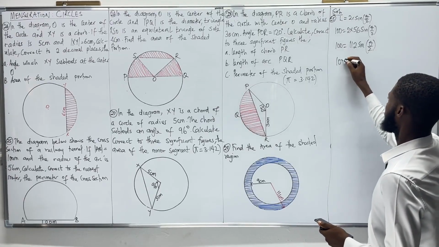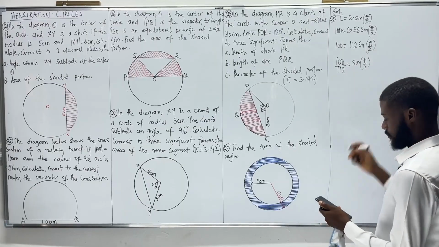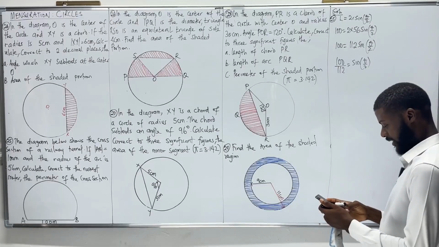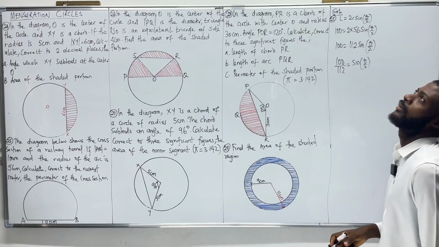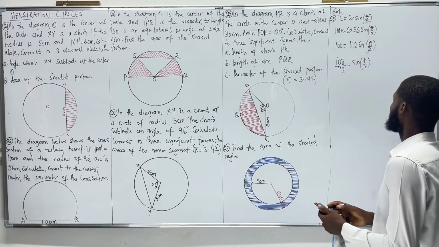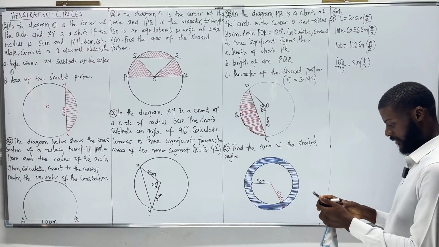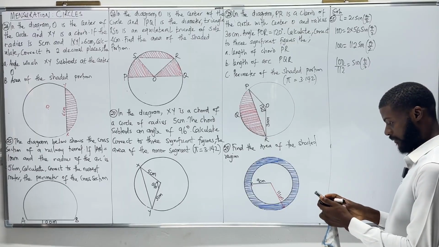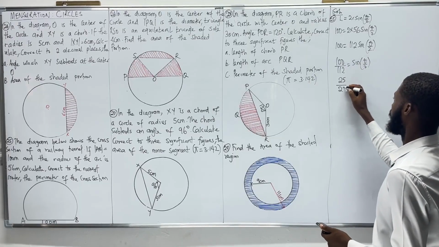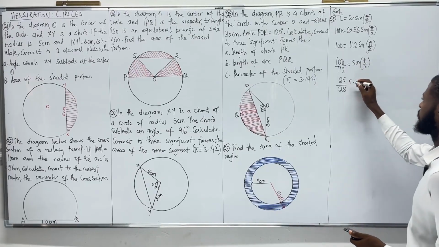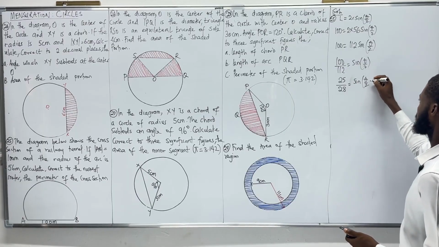Then divide by 112, so 100 over 112 equals sine theta over 2. I can reduce that to 25 over 28. It's not as if these things cannot be worked out by hand. I'm just trying my best to not waste time and make sure everything is accurate.